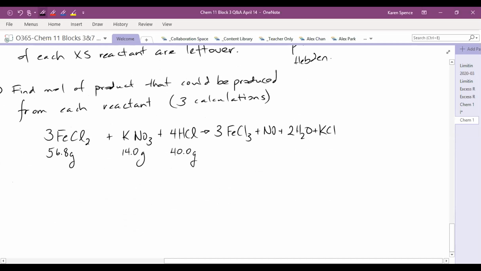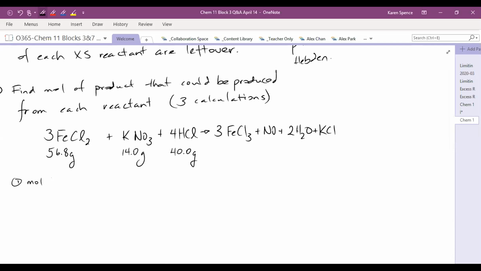So we are going to find moles of a product. Which product should we choose? Does it matter which product I choose? No, it absolutely does not.